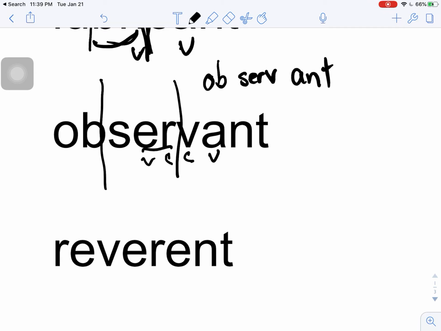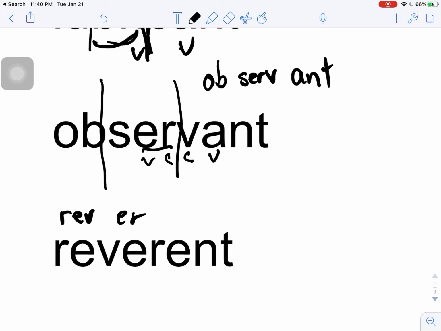Reverent, again, the same thing. Here, if you've already told them the pronunciation of the word and you're saying, what's the first syllable? And they say rev, you're going to do this, right? Rev, and you would split it like this, based on the way you've pronounced it, right?